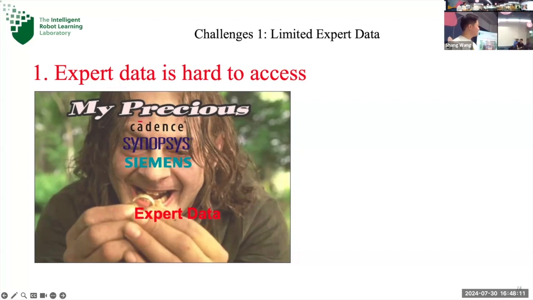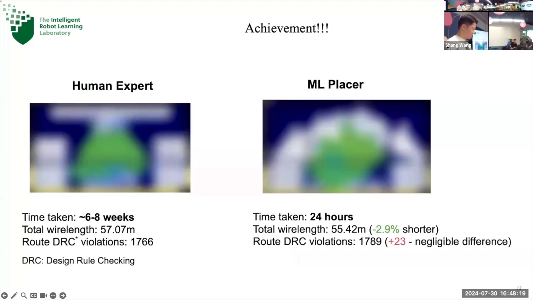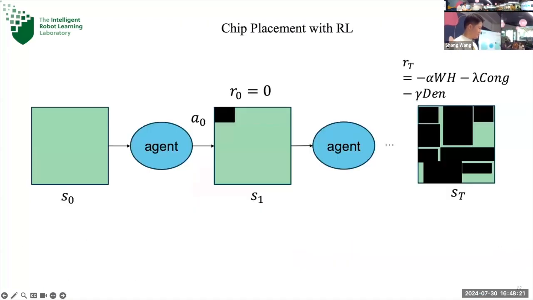What kind of algorithms are nice for dealing with sparse rewards, like zero everywhere and in the end you get some reward? I guess some algorithms might be better. Could you say the question again? If you have very sparse reward, as you were saying, are there certain algorithms which are better than others?